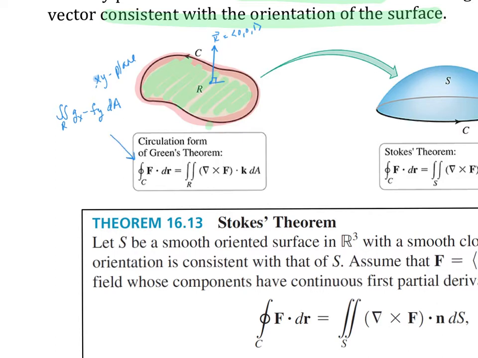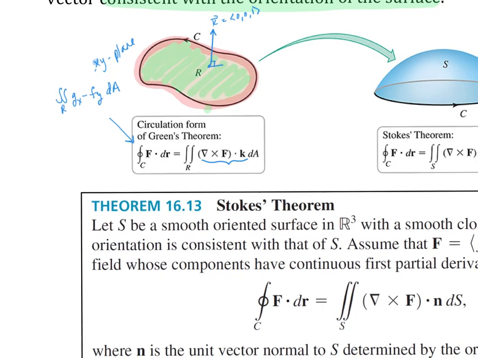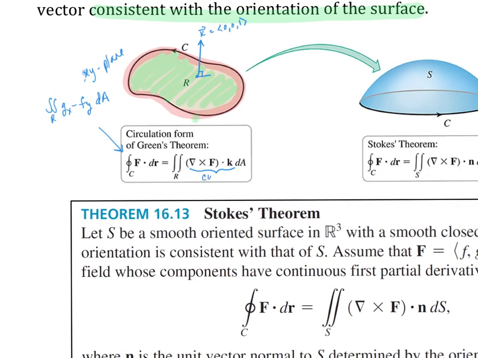Remember that that's what this line integral f dotted dr was equal to, which means this integrand, which is a cross product of the del cross f dotted with k, that's actually our curl. And since k is simply going to be 0, 0, 1, then our curl is simply del cross f. So these integrals are all the same.